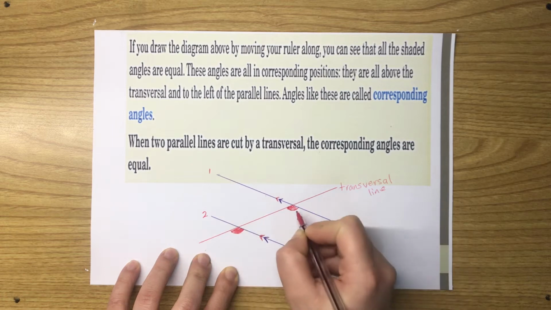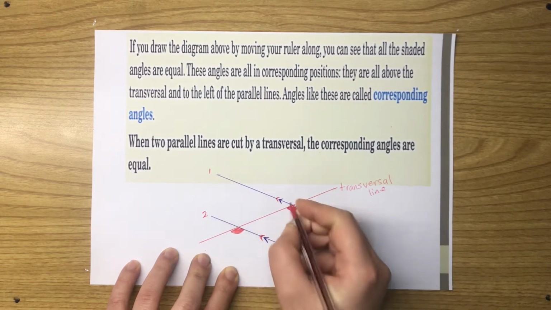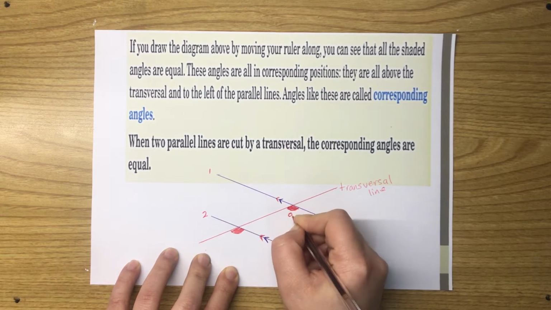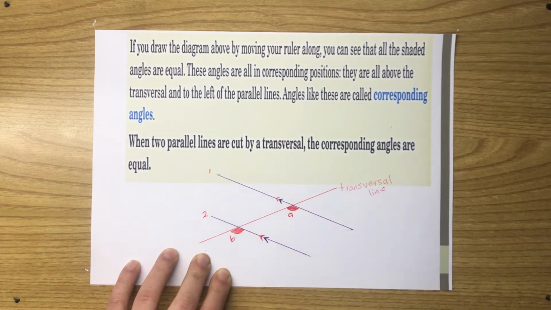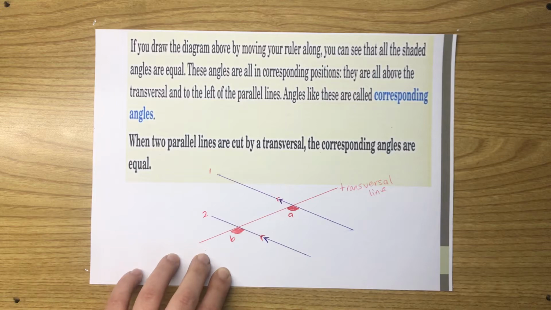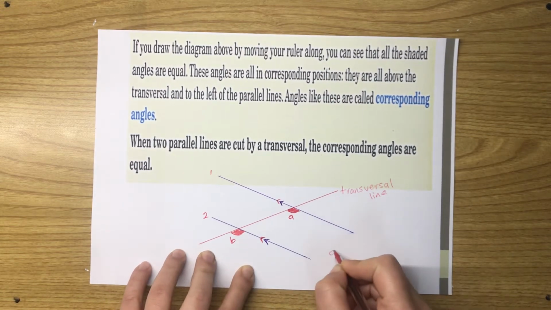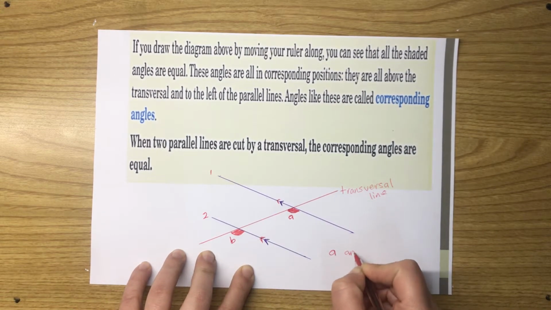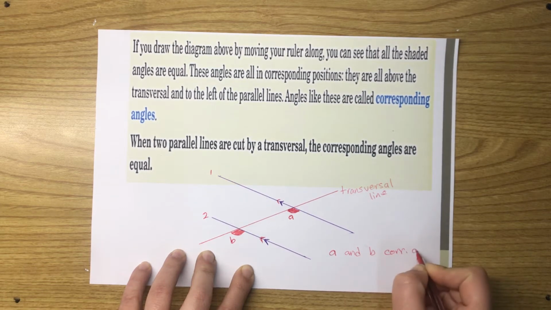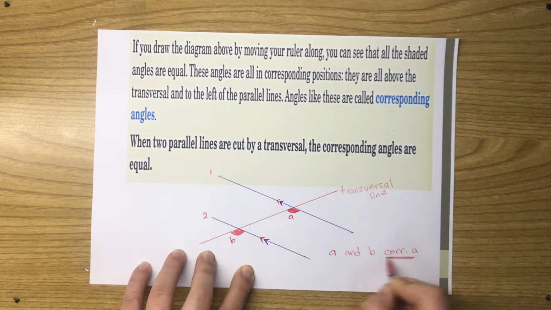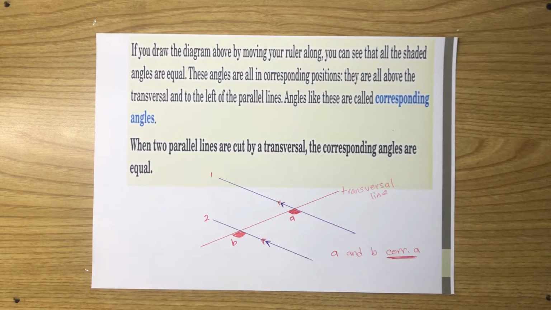Let's name this one A, this one angle B. B and A are corresponding angles, because they have the same position.